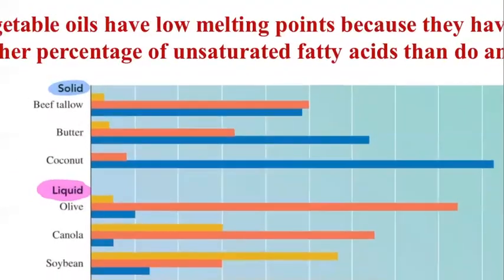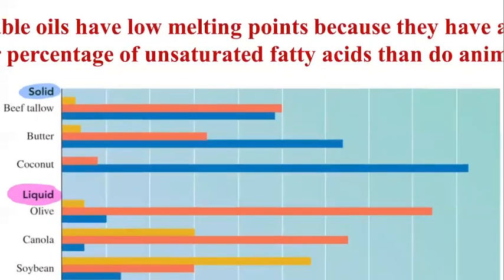So let's look at the things that are solid naturally at room temperature. We have beef tallow, which is beef fat. We have butter, and we have coconut oil.